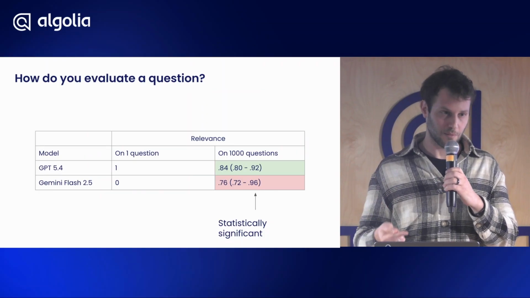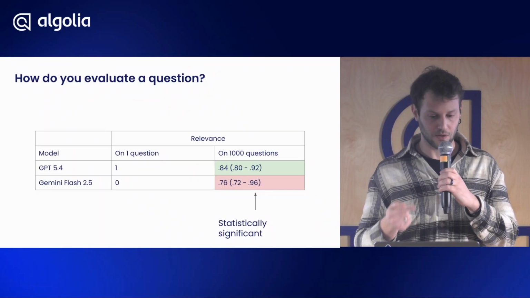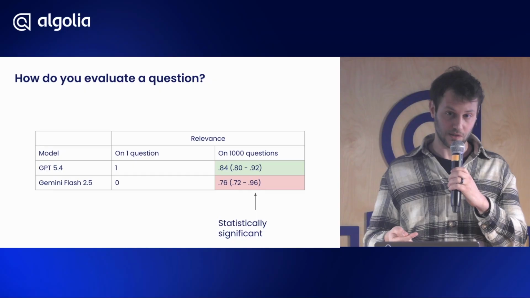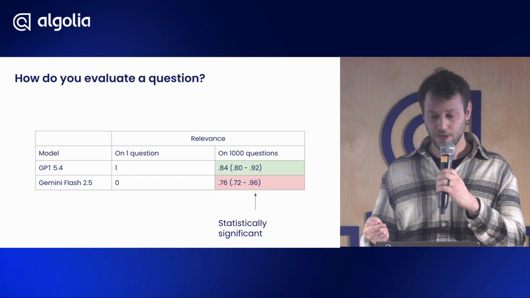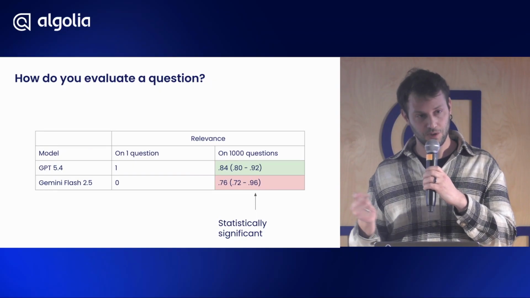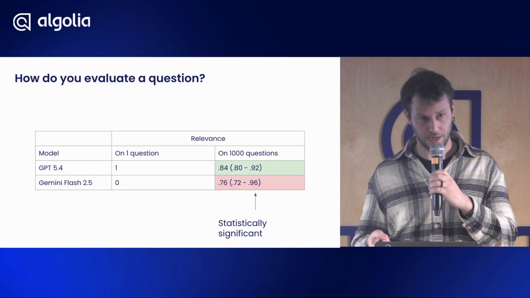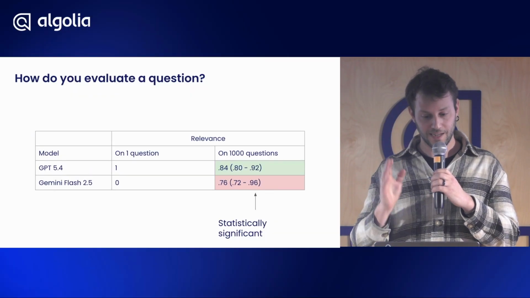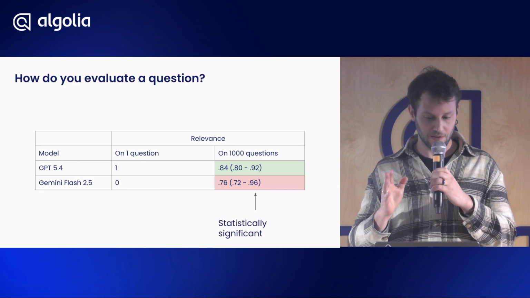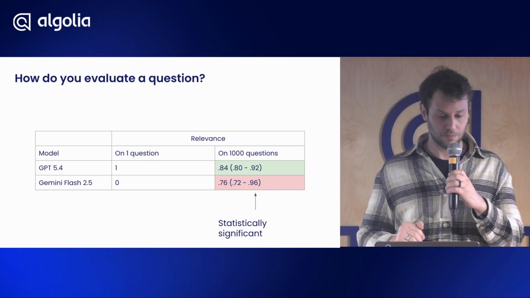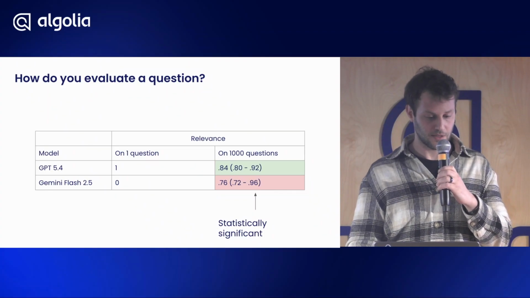And then every time you score a 1 or a 0 depending on what you get back. Now you actually can get to statistical significance and determine if on 1,000 questions GPT-5.4 did better than Gemini Flash 2.5, right? So that's how we get, on relevance, a statistically significant result that GPT-5.4 is actually better than Gemini Flash.